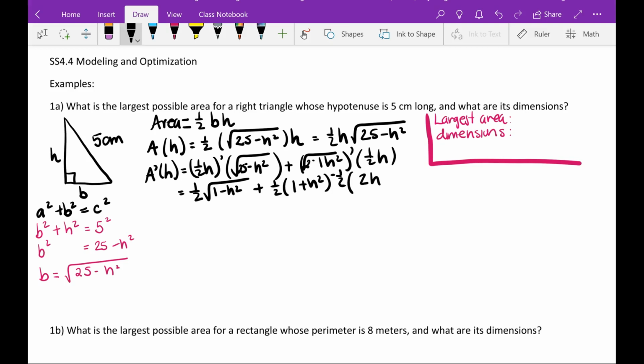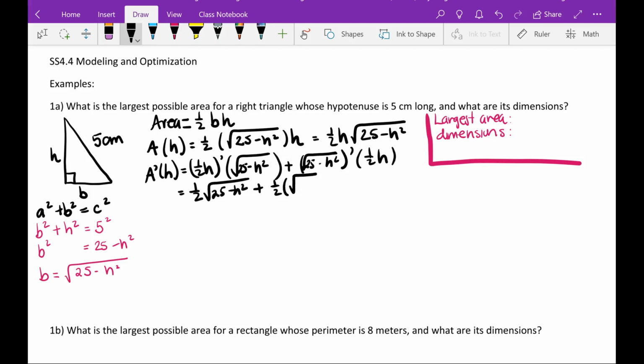Sorry. It's 25 minus H squared. Let me just erase that. I just totally messed that up.